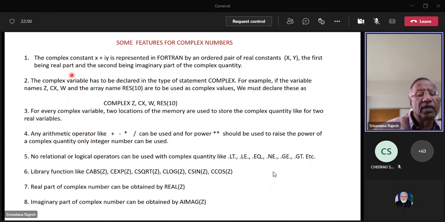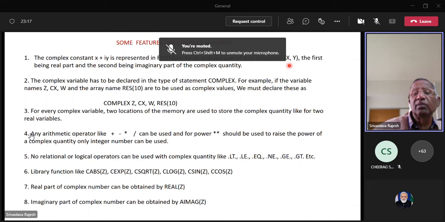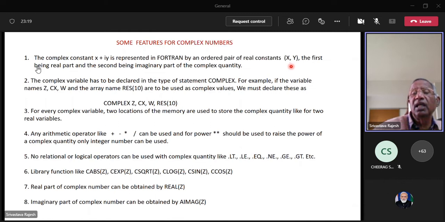So you have to be very careful in listening that the complex constant x plus iy is represented in Fortran by an ordered pair of real constants like x comma y. So whenever you are defining a complex quantity, you have to write x comma y. In some computers, a complex quantity can be assigned a value by CMPLX.